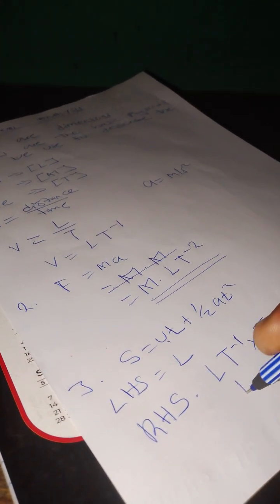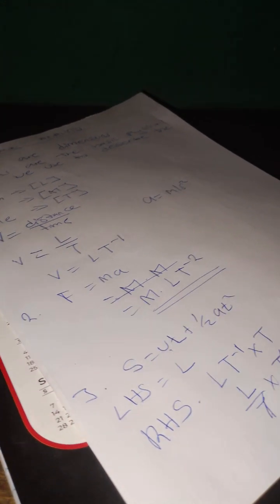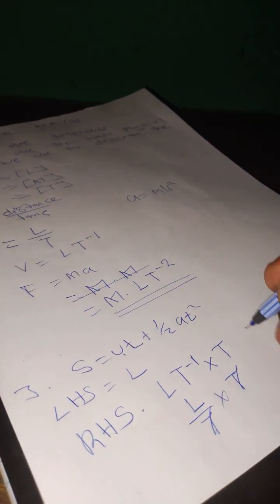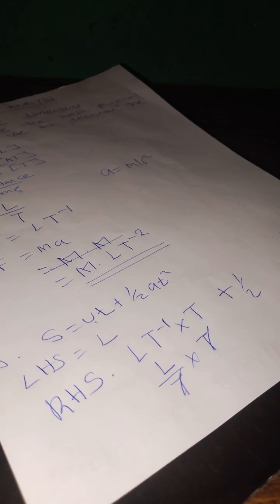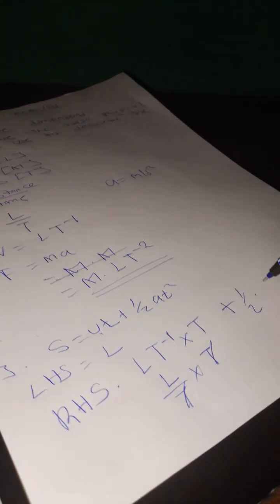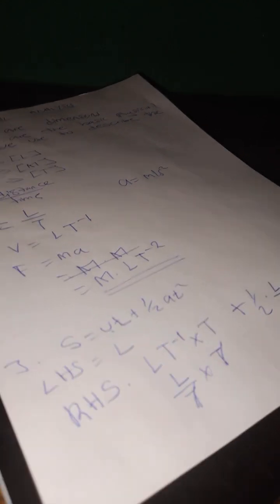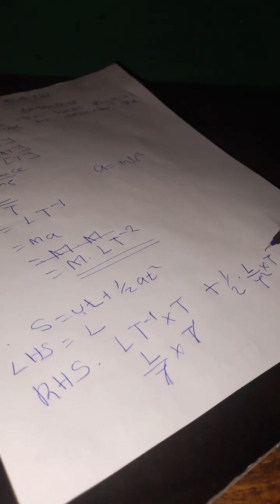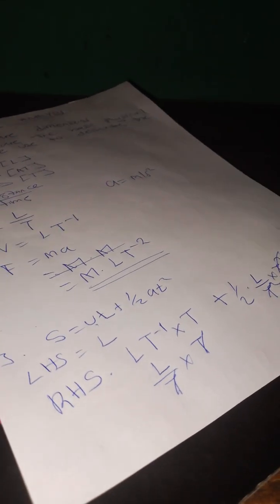It's just like L over T times T, which means T and T will cancel. Then you go plus 1 over 2. The dimension for acceleration is L over T squared, times T squared. You see what's happening here? That T will cancel and that T will cancel.